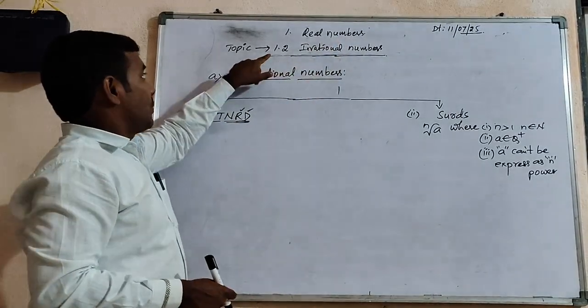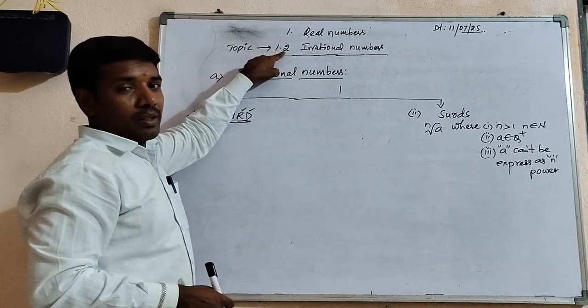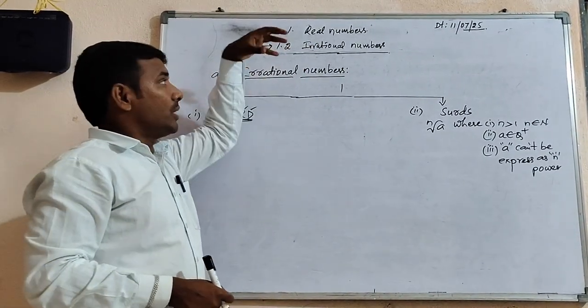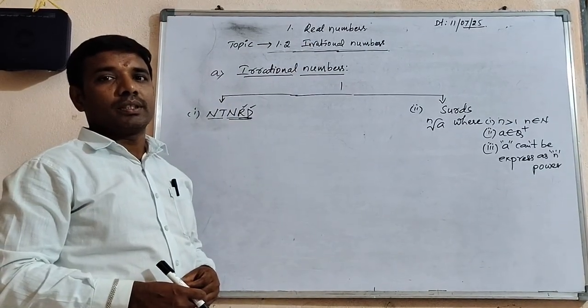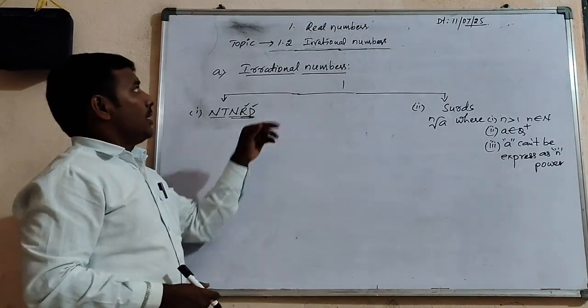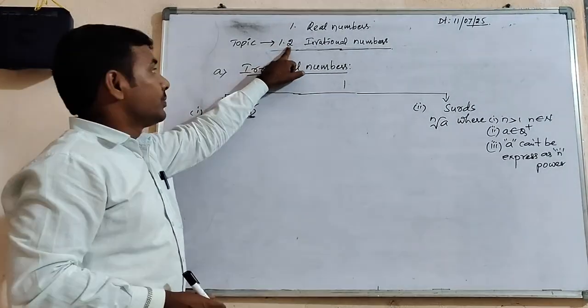In the previous video we completed one subtopic, that is 1.1, which is called an introduction. In that introduction we discussed rational numbers. Now today the second subtopic, that is 1.2.